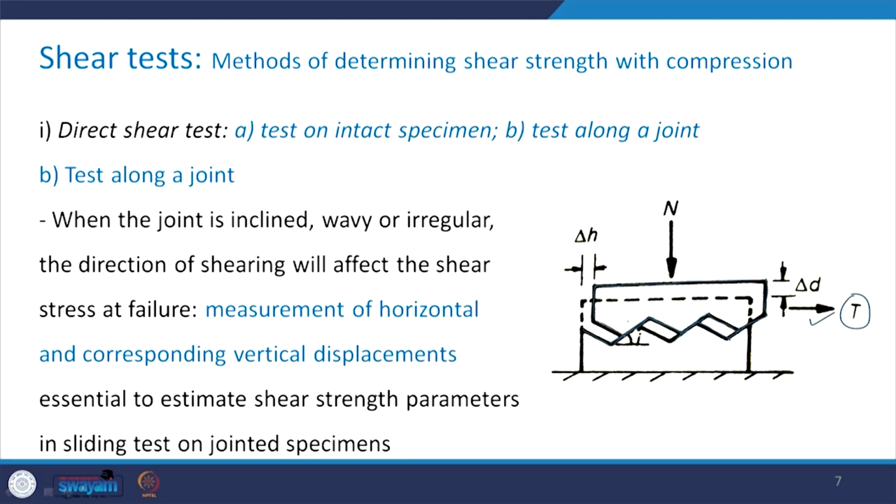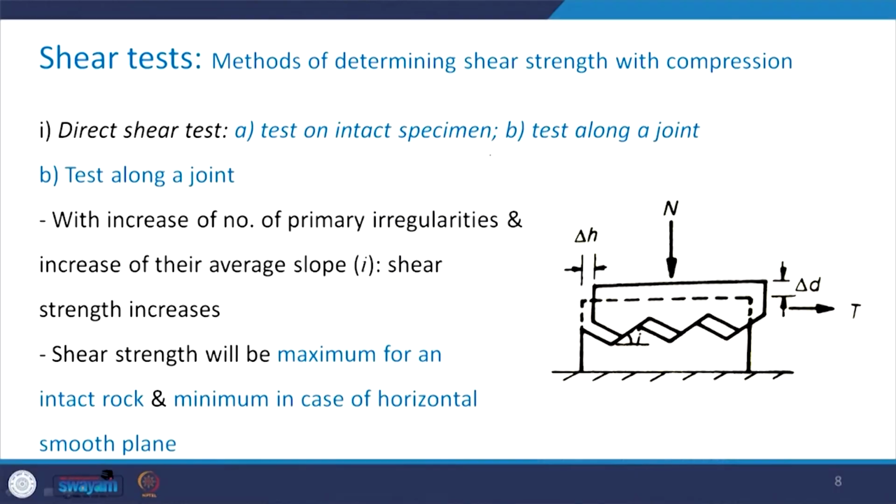If you compare the original position, the dotted line, to the new position, the solid line, you will see that this gives rise to horizontal as well as vertical displacement. Therefore, both horizontal and the corresponding vertical displacements are essential to estimate shear strength parameters in sliding when the test is conducted on a jointed specimen, because most of the time the joint surfaces are going to be wavy or irregular.